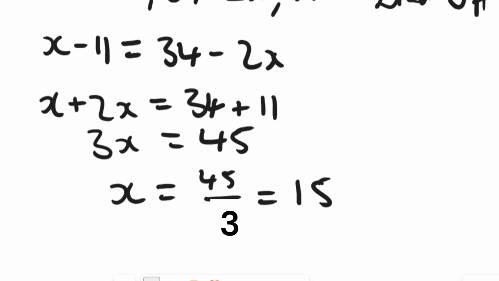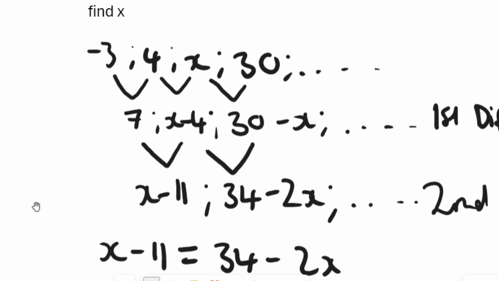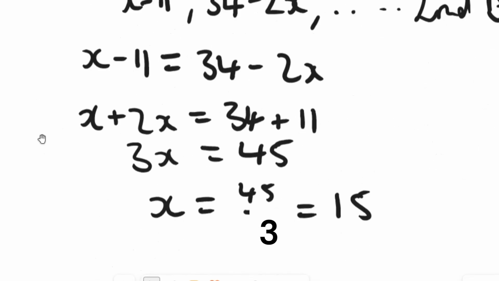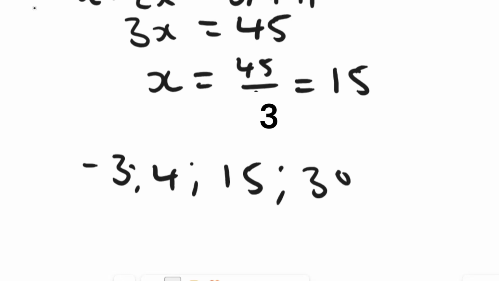And then you can go back and test it: if x is 15, is this true? We have minus 3, 4, x, and 30. Let's see. So we have minus 3, we have 4, we have 15, that is our x, we have 30, and so on.